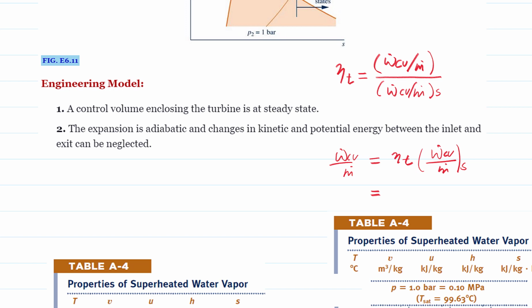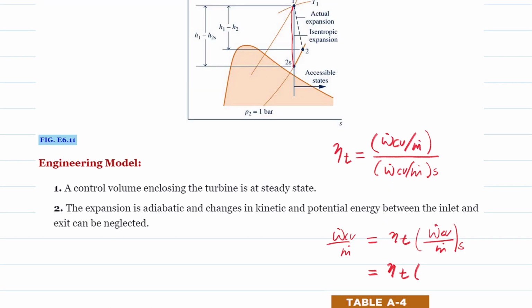The isentropic work output per unit mass flow rate can be expressed in terms of enthalpy change from state 1 to state 2s. So H1 minus H2s.